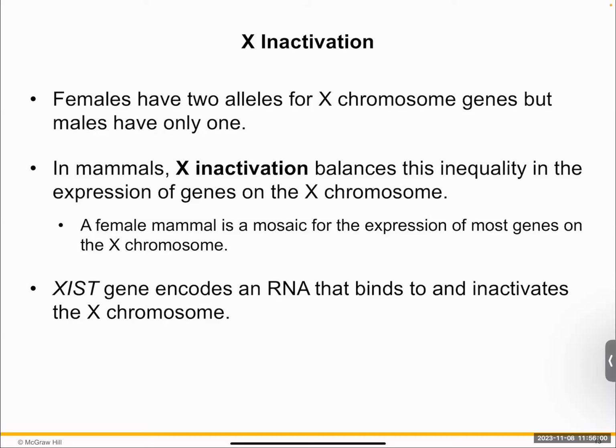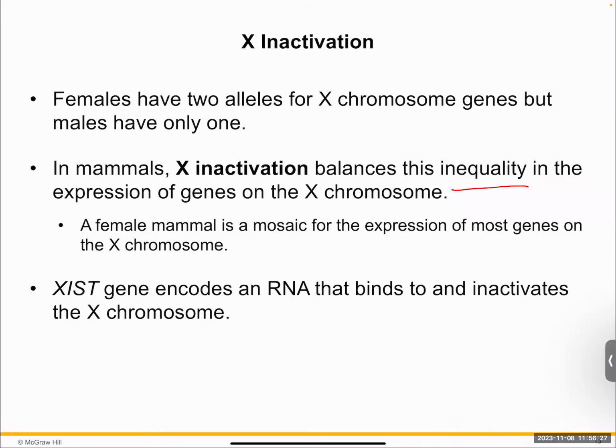Because again, you have a second copy, think of it as your backup. Now, there is a situation where you have one of these X chromosomes literally become inactive. And that helps balance the inequality in terms of the expression of the genes for the X chromosome. So now whether you're a male or a female, you both have access to only one X chromosome.